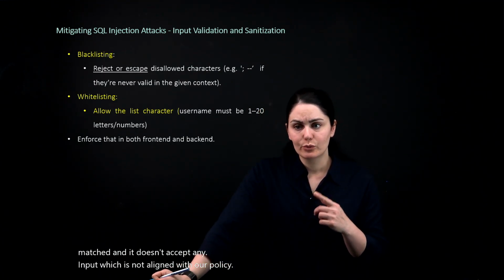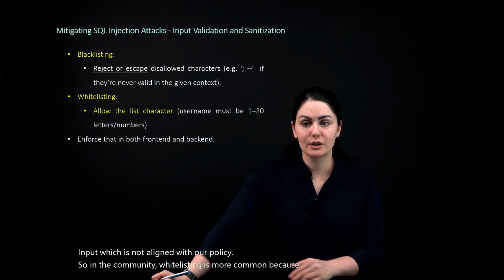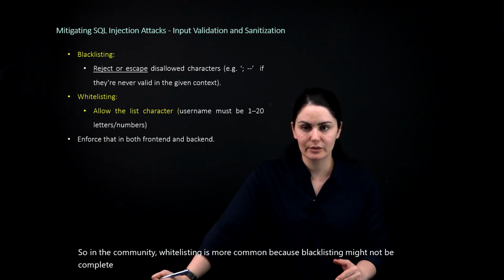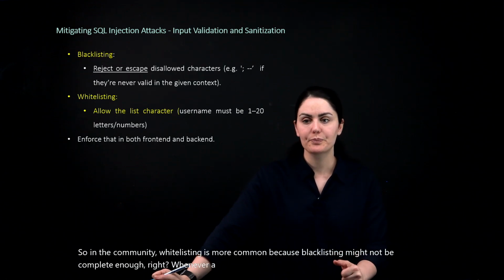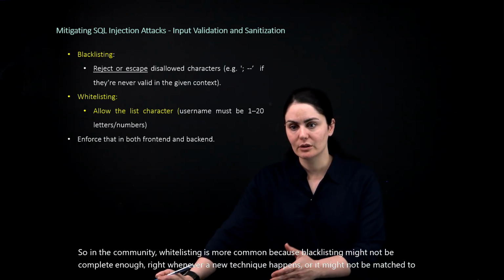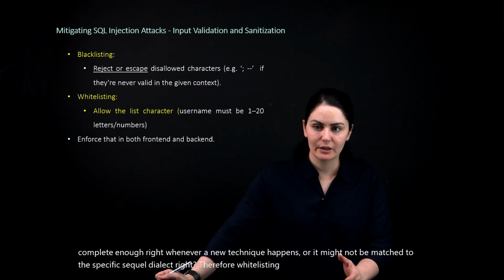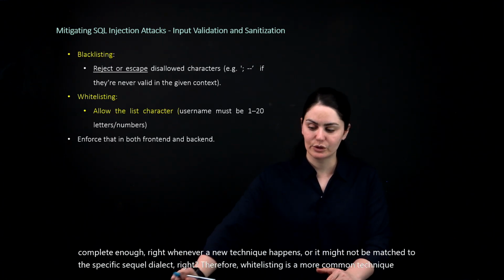So in the community, whitelisting is more common because blacklisting might not be complete enough, right, whenever a new technique happens, or it might not be matched to the specific SQL dialect, right? Therefore, whitelisting is a more common technique, less vulnerable to SQL injection.